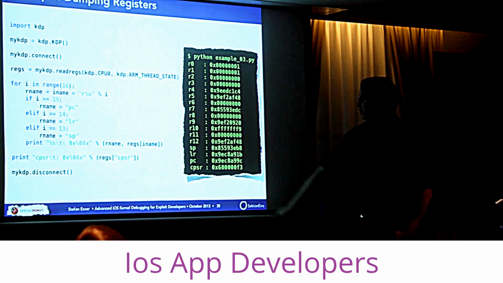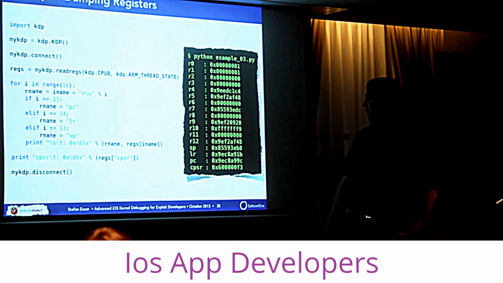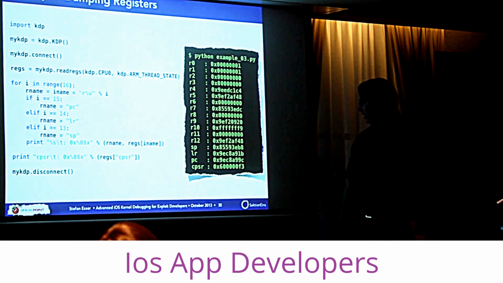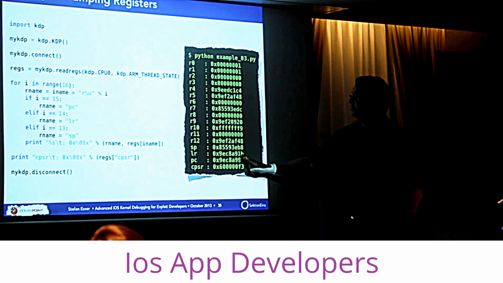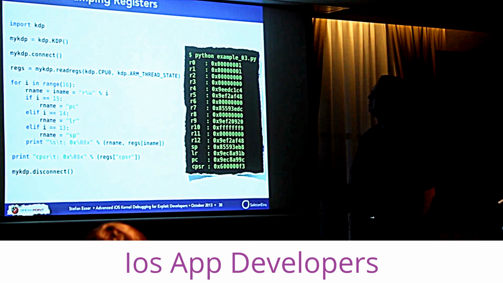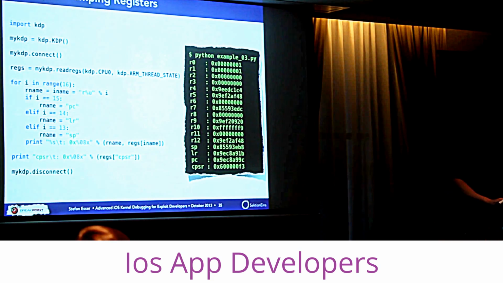For printing, I just changed the last three names to something nicer. Then you see these are all the actual register values. You see I didn't X out something here because that's not a bug, that's basically the initial start state. In the end, there's a disconnect.